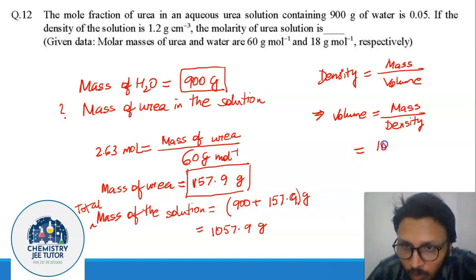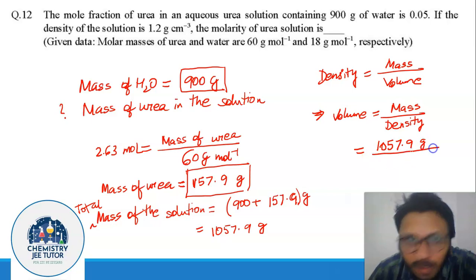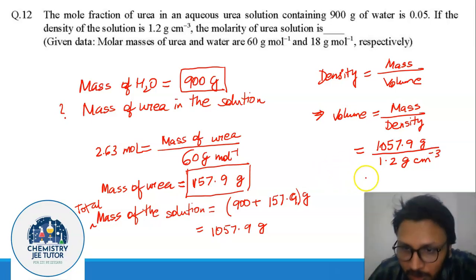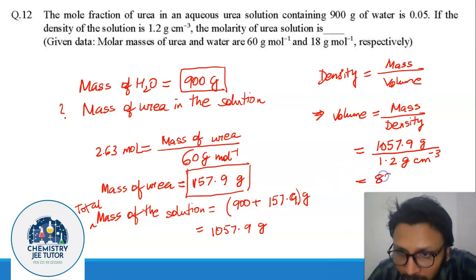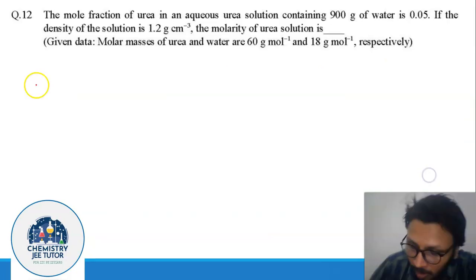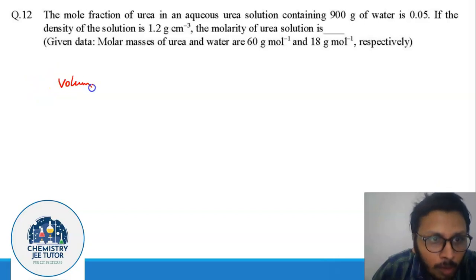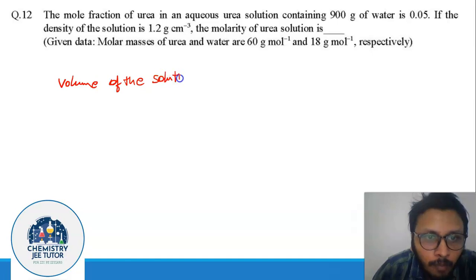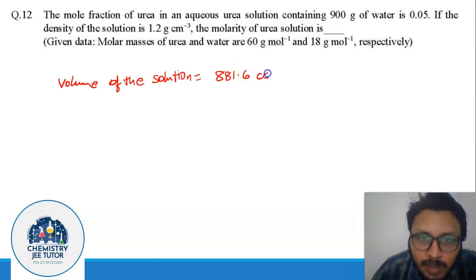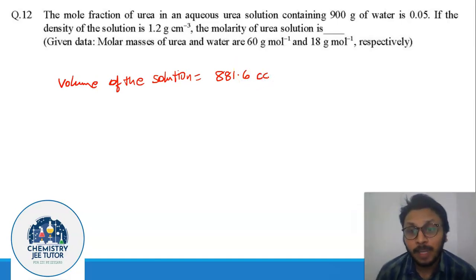Mass is 1057.9 gram, and we have the density of the solution as 1.2 gram centimeter to the power minus 3. So if you do this calculation, this comes out to be around 881.6 centimeter cube. So the volume of the solution comes out to be around 881.6 cc. But we require the volume in liter.